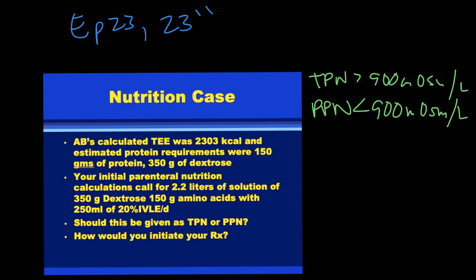Usually you can just start off with dextrose and amino acids. If the sum is already greater than 900 milliosmoles per liter, then you can always say TPN. However, if it's less than 900, then you'll have to include the rest of the components to see if the total solution will be less than 900.